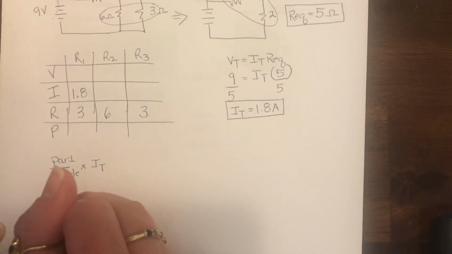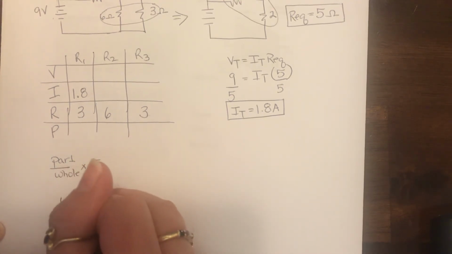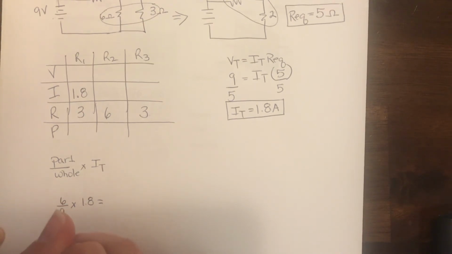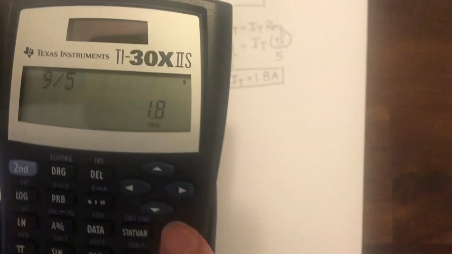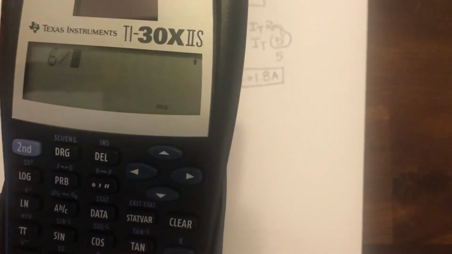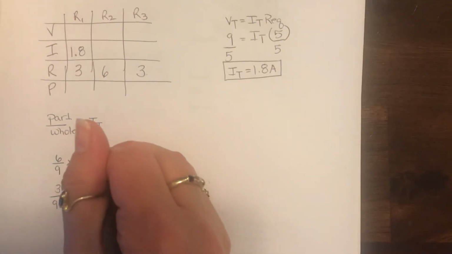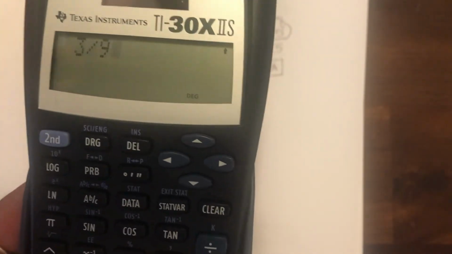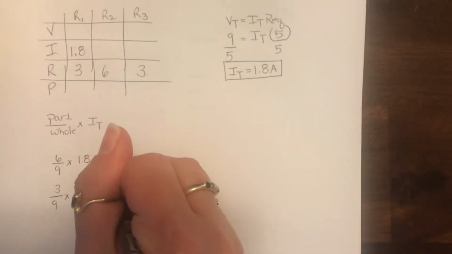So we're going to do 6/9 of our total current, and then 3/9 of our total current. 6/9 of 1.8 is 1.2, and 3/9 of 1.8 is 0.6. Are we good to go?